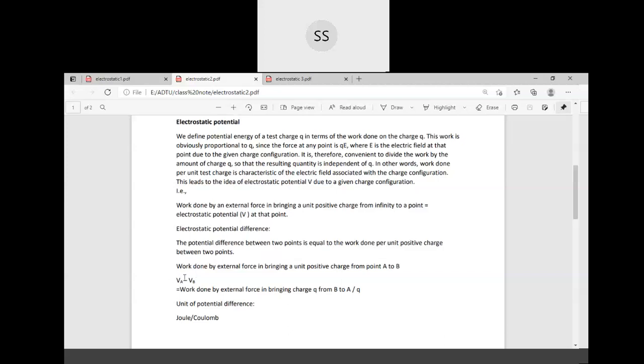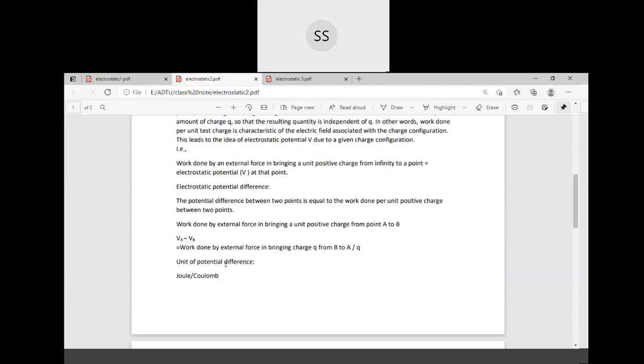Here Va is the potential when we bring the point from infinity to A, and Vb is the potential when we bring the point from infinity to B. So work done by external force in bringing the charge Q from B to A equals Va minus Vb, or the work done by external force in bringing the charge Q from B to A divided by Q. So here the unit of potential difference is joule per coulomb.